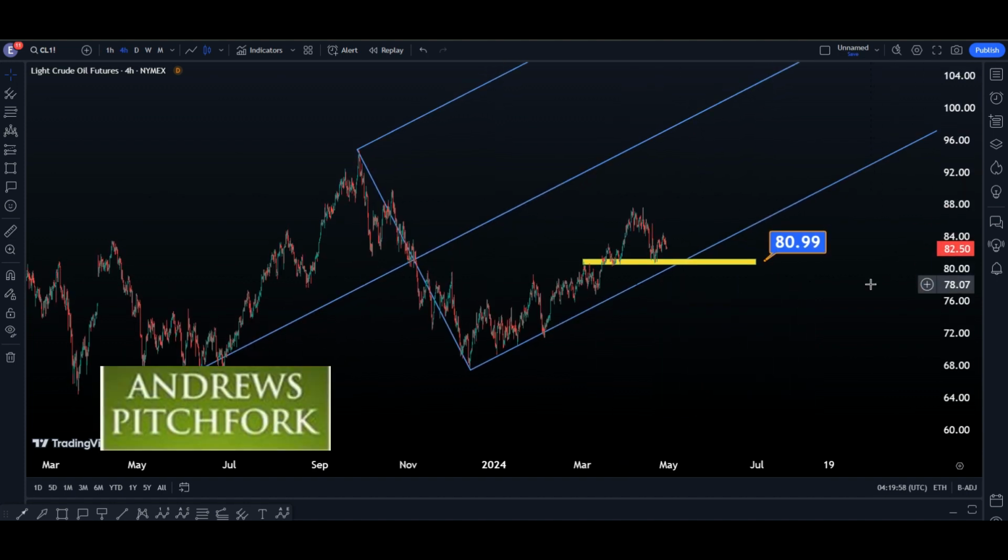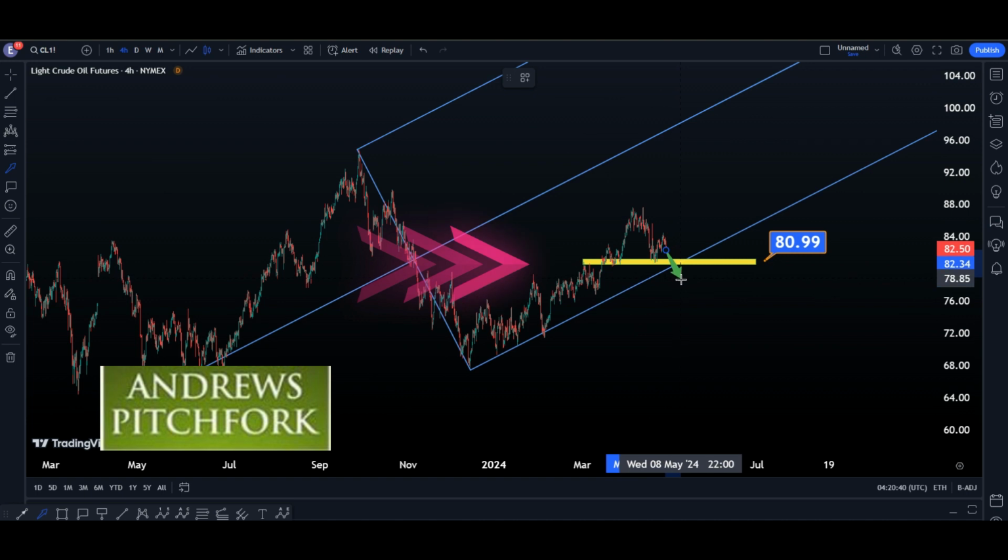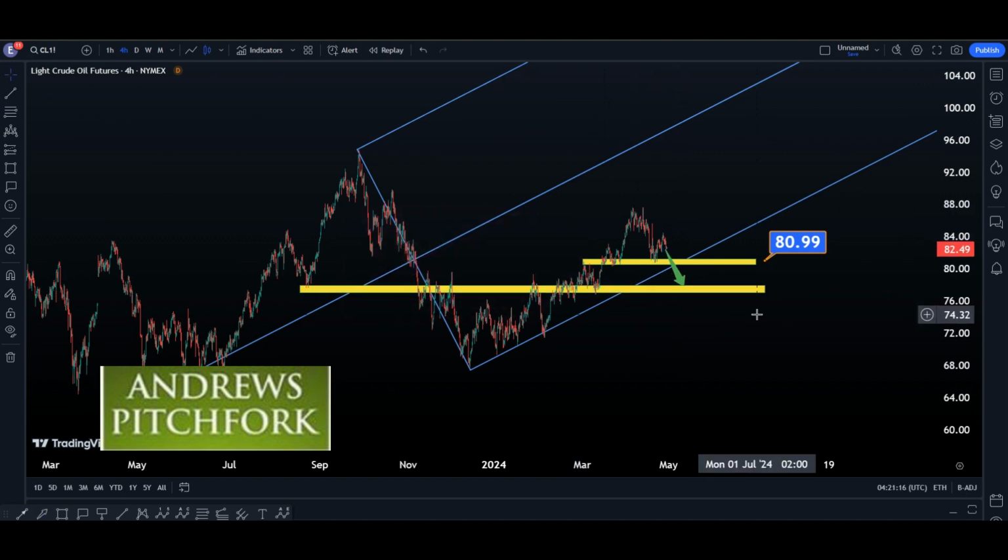If I use this pitchfork here, you can understand how important this support here. If here break, price can touch maybe here.